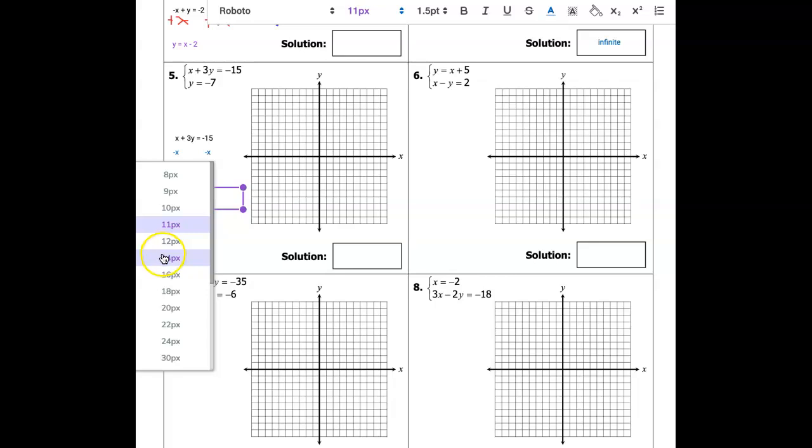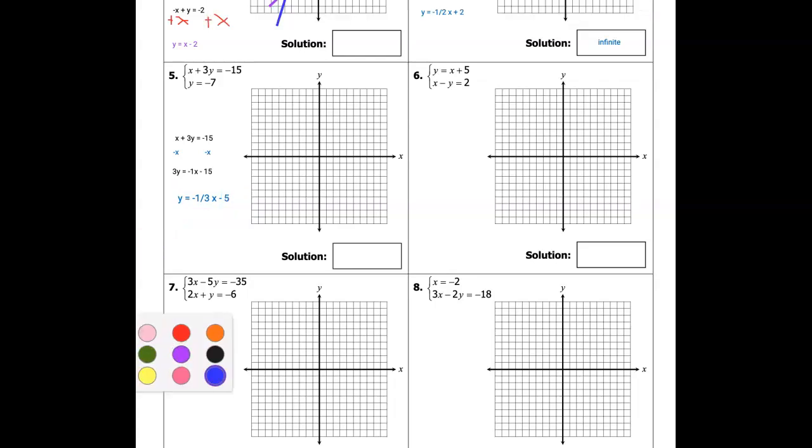So now my equation becomes y equals negative 1/3 x minus 5. And we're ready to graph. Go down to 5, 3, 4, 5, put our dot, and then negative 1/3, so down 1 over 3. And then we put our line through those points.